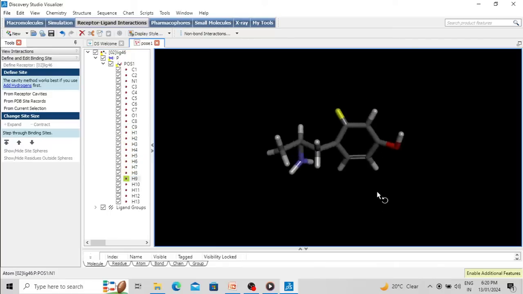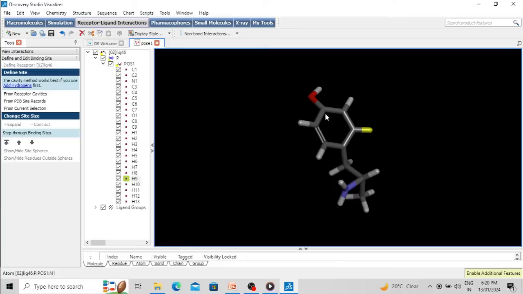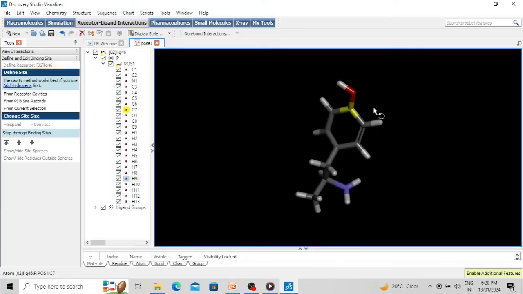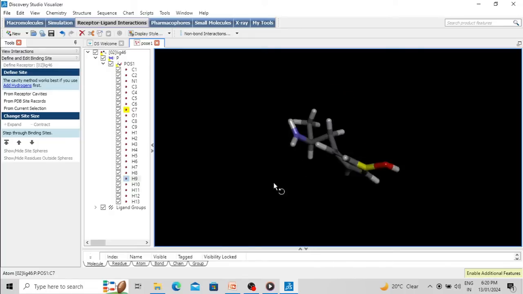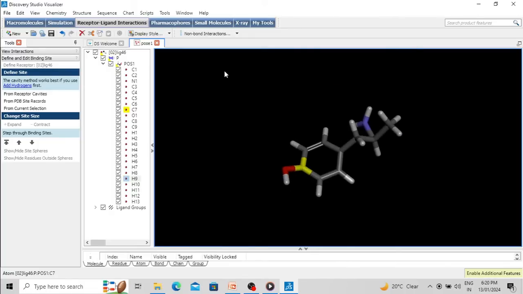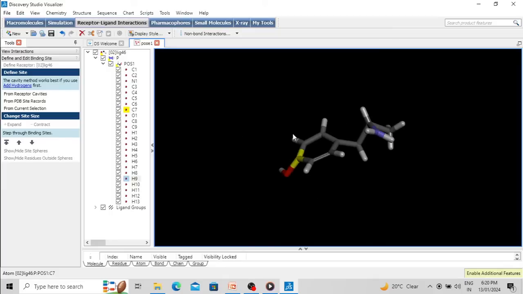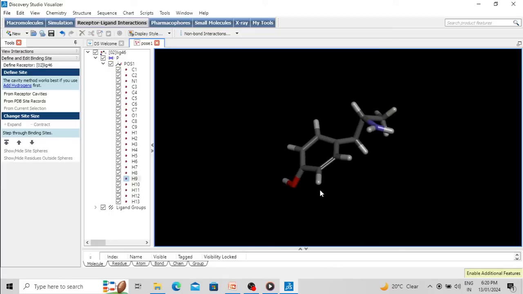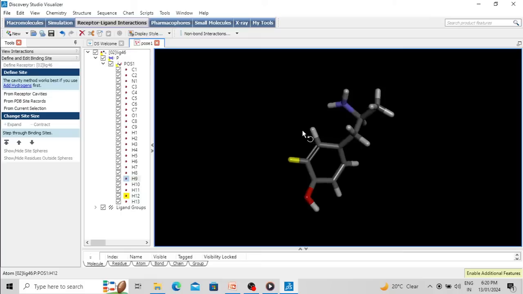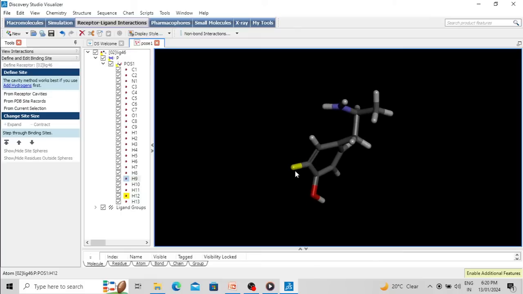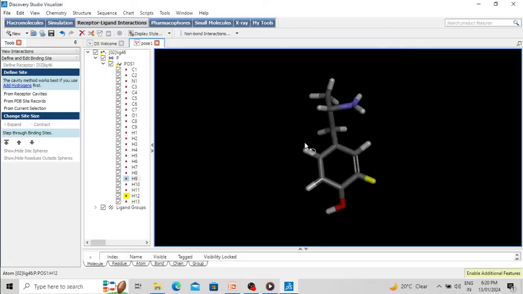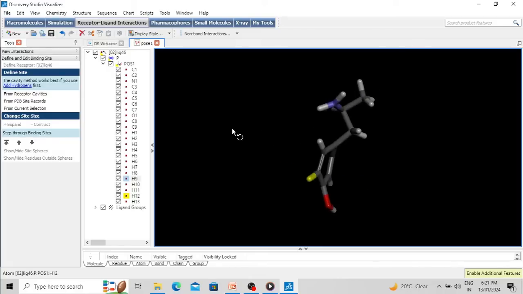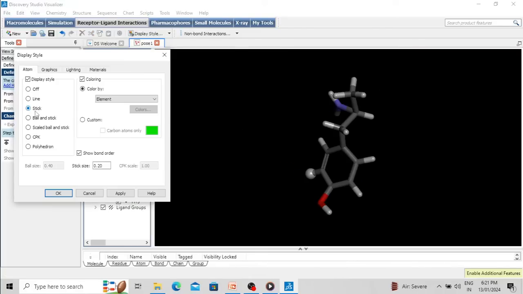Okay, and each atom has its 3D coordinate, that means a position in the three-dimensional space. Suppose in case of this hydrogen atom, it has its 3D coordinates: x coordinate, y coordinate, and z coordinate. Okay, for proper visualization of each atom, I am changing from stick to ball and stick.